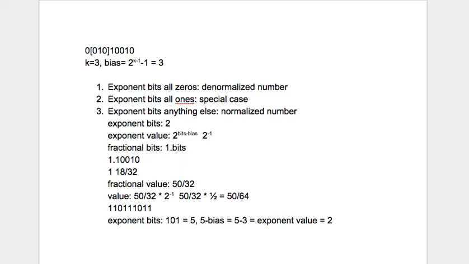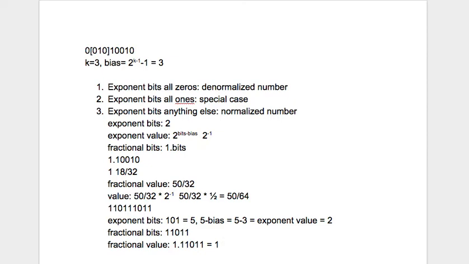Now we take the fractional part. We have 1, 1, 0, 1, 1. To convert that into the fractional value, we have 1.11011. In base 2, that is equal to 1, and now I have to convert 11011 from base 2 into base 10.